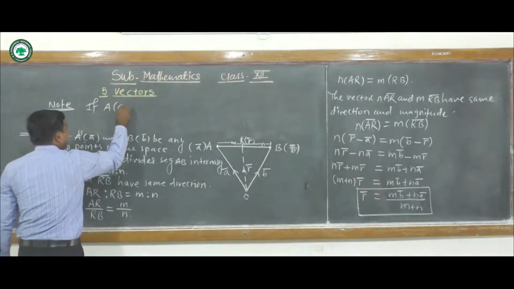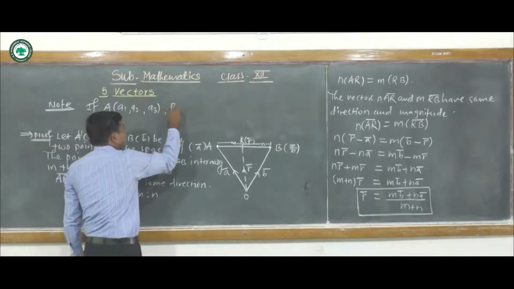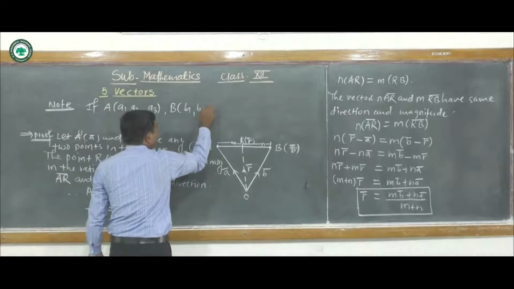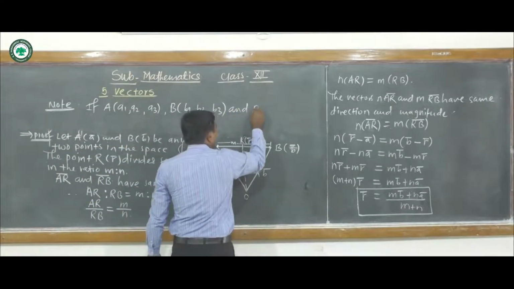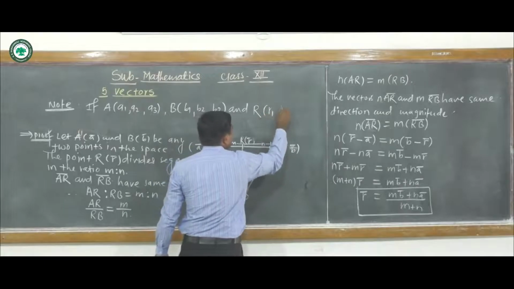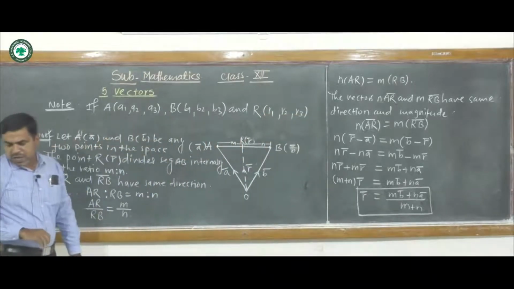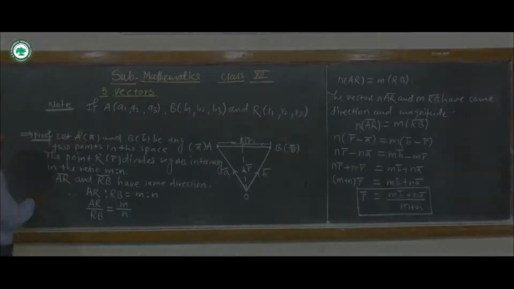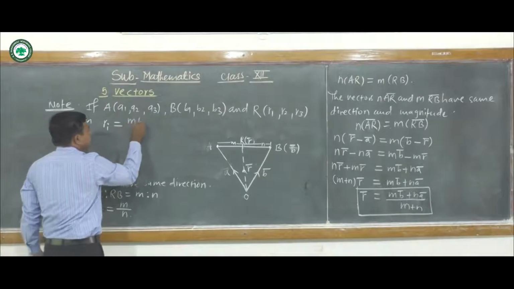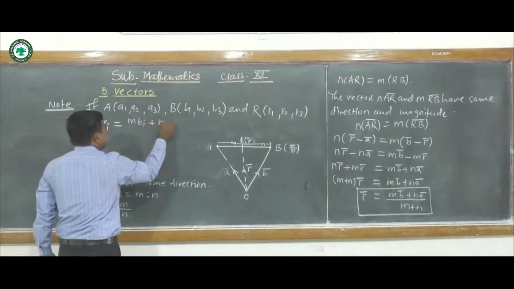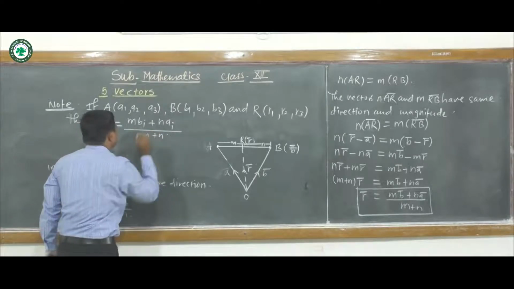If capital A is A1, A2, A3, capital B is B1, B2, B3, and capital R has coordinates R1, R2, R3, then Ri is equal to (m into Bi plus n into Ai) divided by (m plus n).